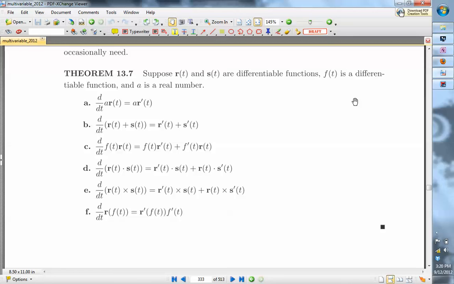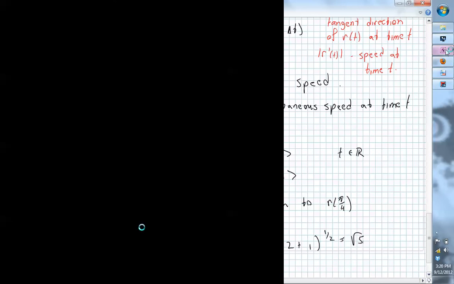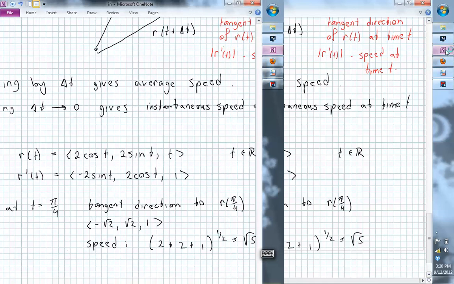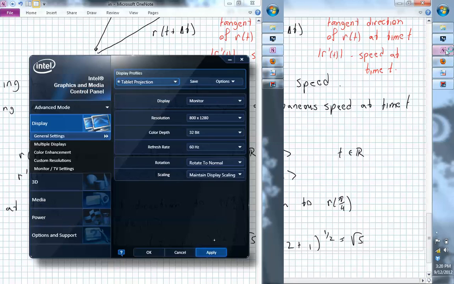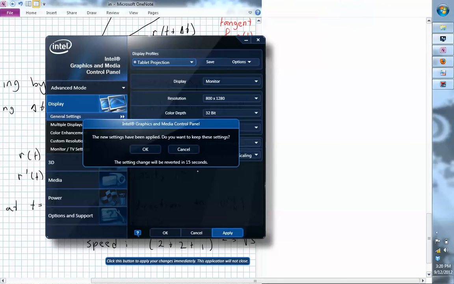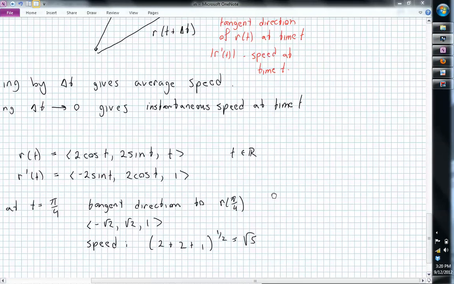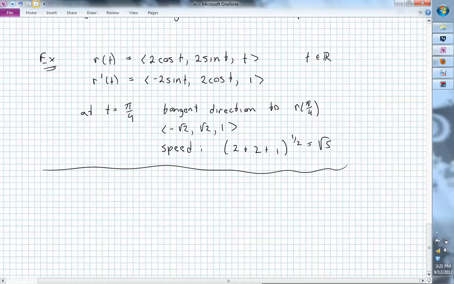Let's go back to the notebook. Okay, and this is a problem that's not really in the book, but it pulls together some ideas that you'll need anyway.